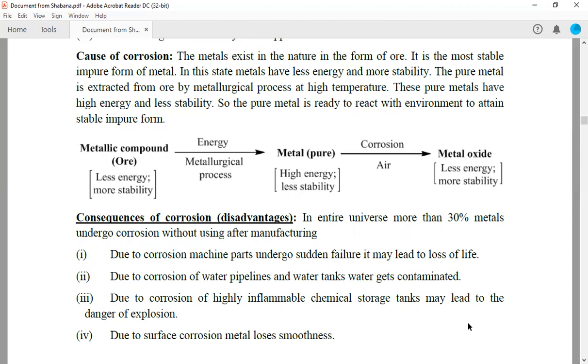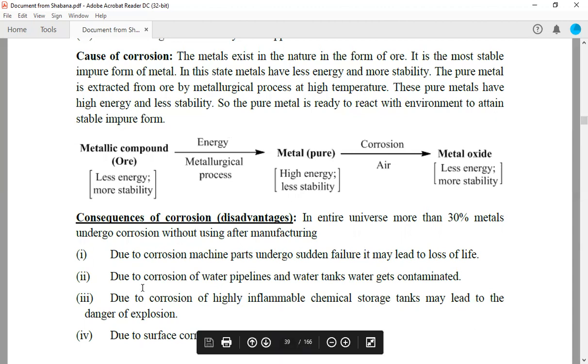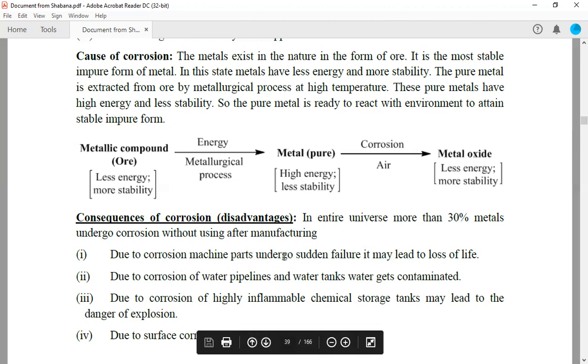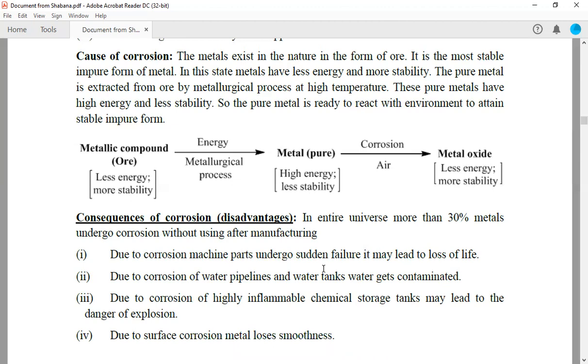The lifespan of metallic parts of machineries is reduced. Due to corrosion, machine parts undergo sudden failure, and it may lead to loss of life. The failure of machineries takes place due to loss of useful properties of metals. Losses occurring due to corrosion cannot be measured in terms of the cost of metal alone, but the high cost of fabrication into equipment, machine tools, and structures should also be considered.